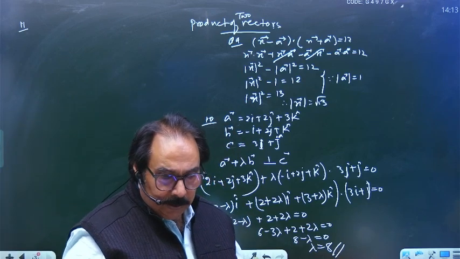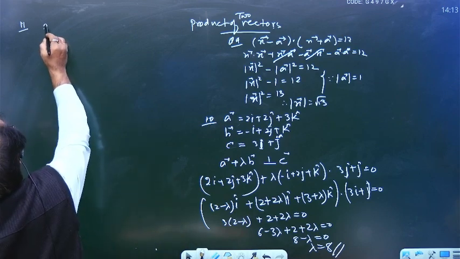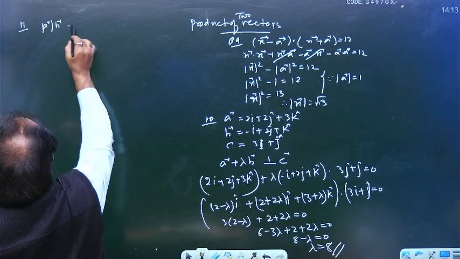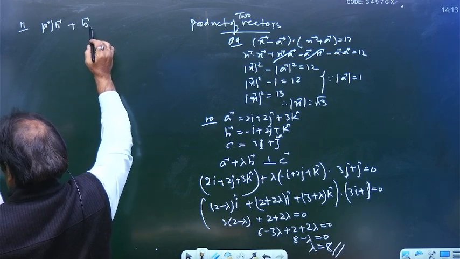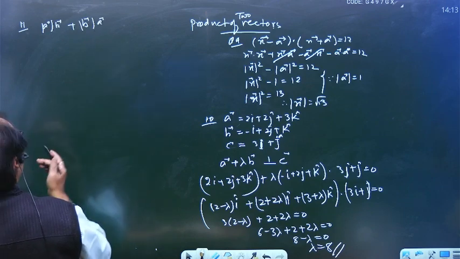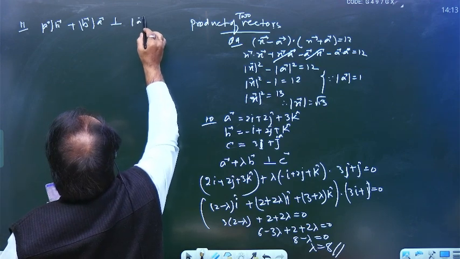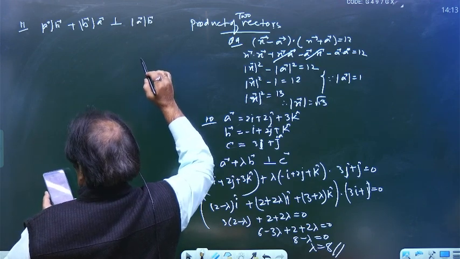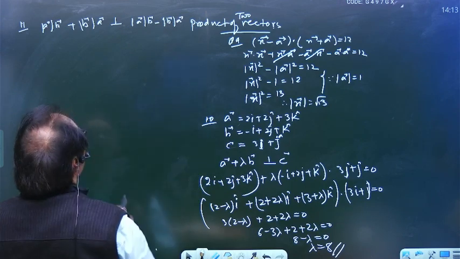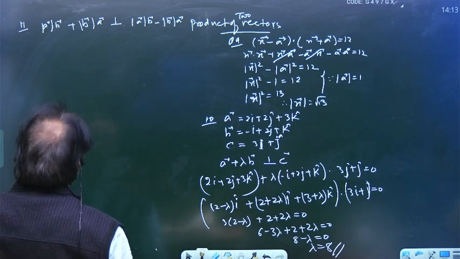It is given that we have to show that magnitude of A into B plus magnitude of B into A vector is perpendicular to magnitude of A into B minus magnitude of B into A. Perpendicular means we have to show that their dot product should be equal to 0.